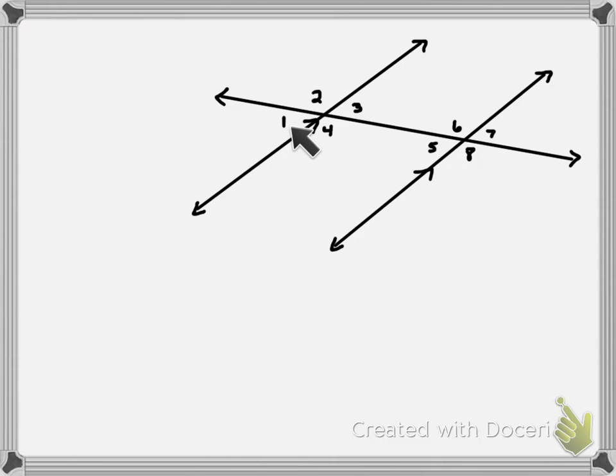Now notice, I went ahead and numbered all these angles because we're going to talk about how these angles are related to each other. So I numbered them angle 1, 2, 3, 4, 5, 6, 7, 8. Alright, so I've got two parallel lines and I've got a transversal, which caused 8 angles. Alright, so we're going to look at these 8 angles.